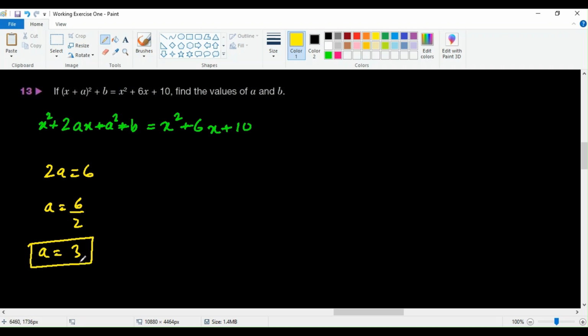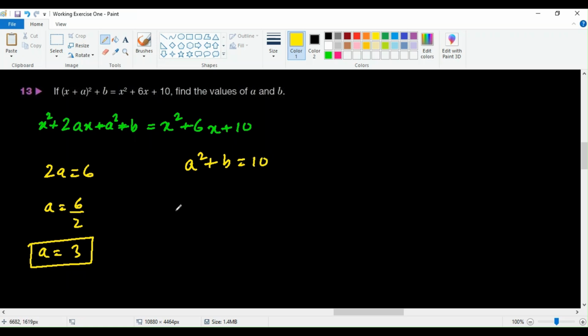Now we know very well that this a square plus b is equals to 10. This is the second part of the question.